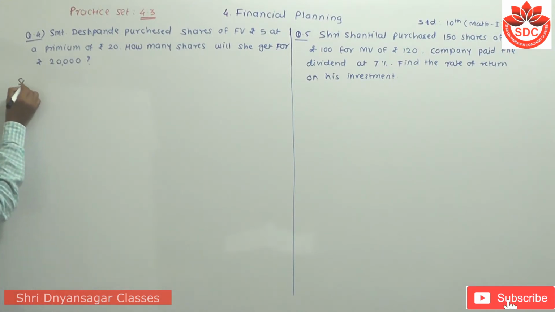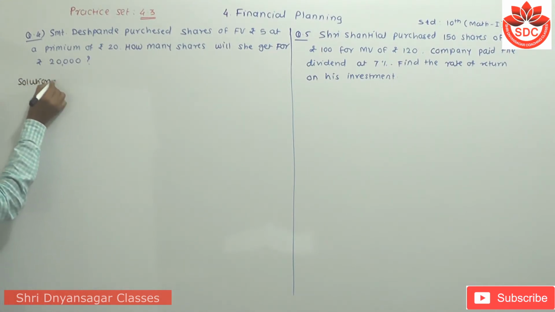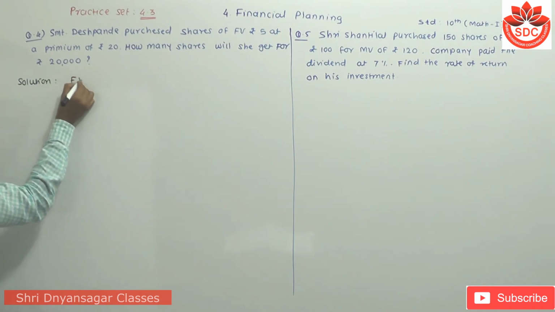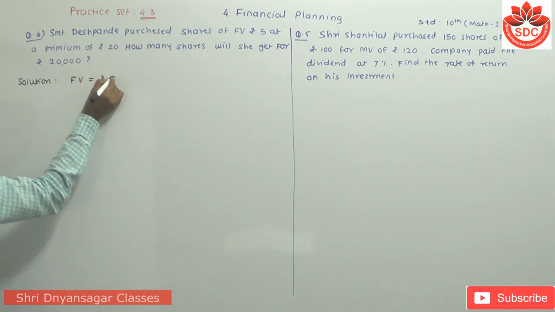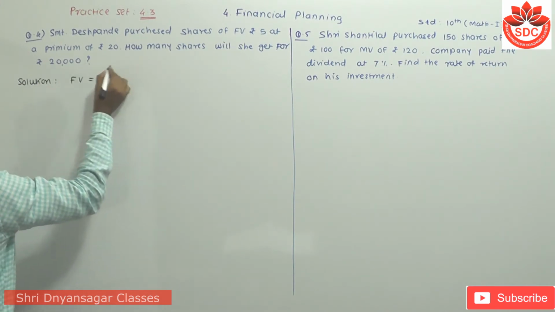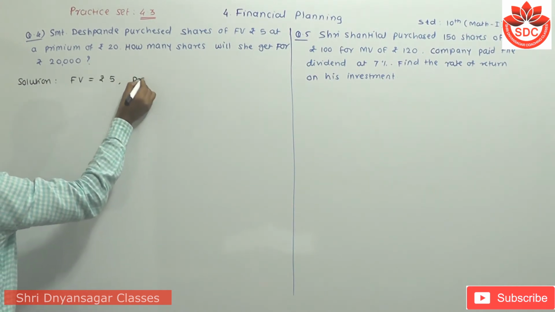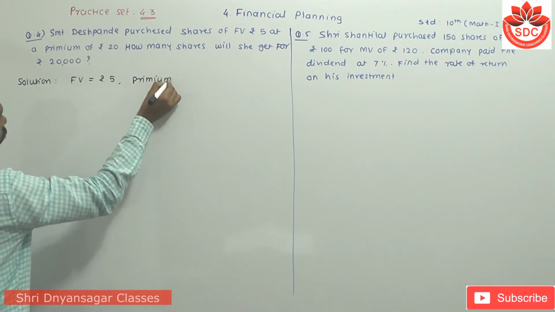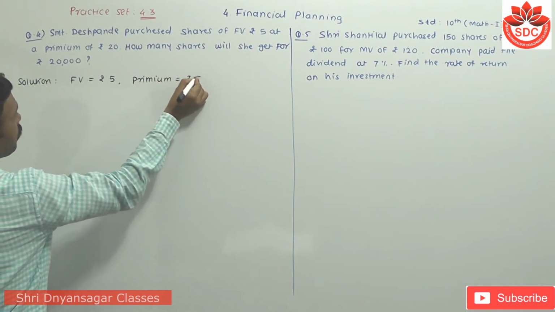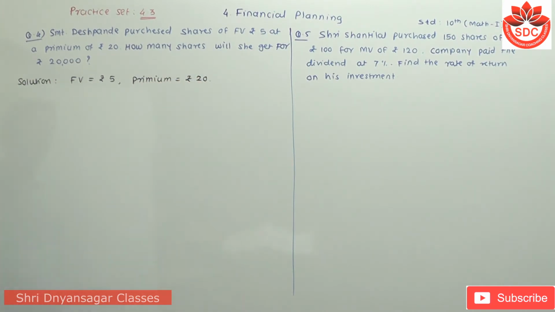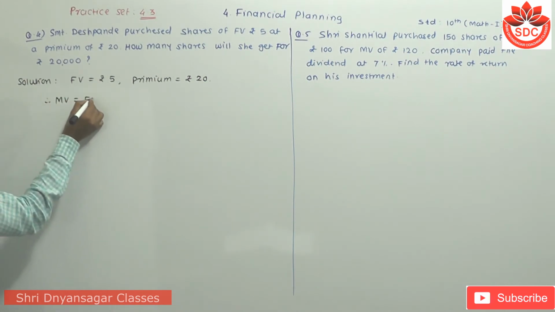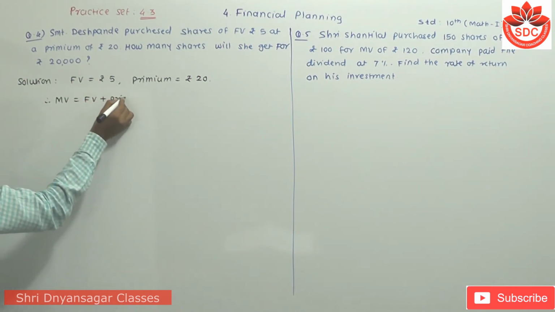Now solution is, here face value is given as rupees 5, then premium is given here, rupees 20. Therefore MV is equal to FV plus premium.